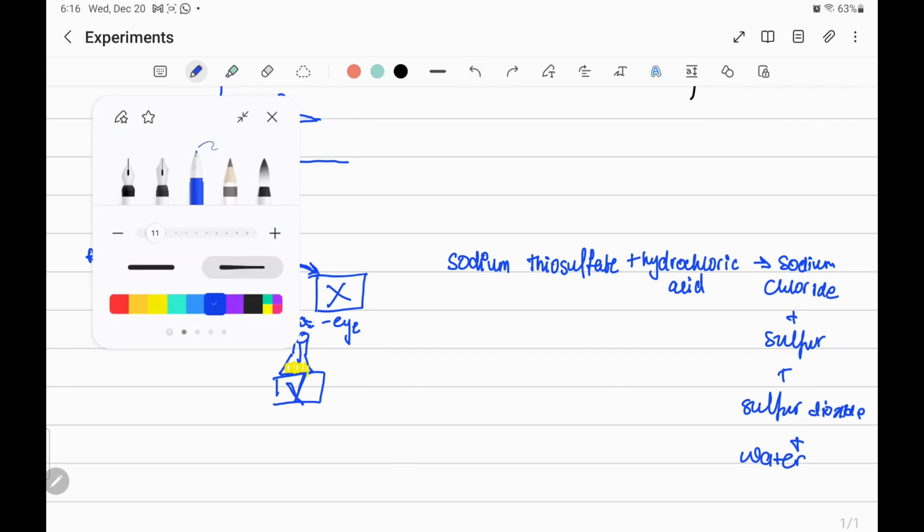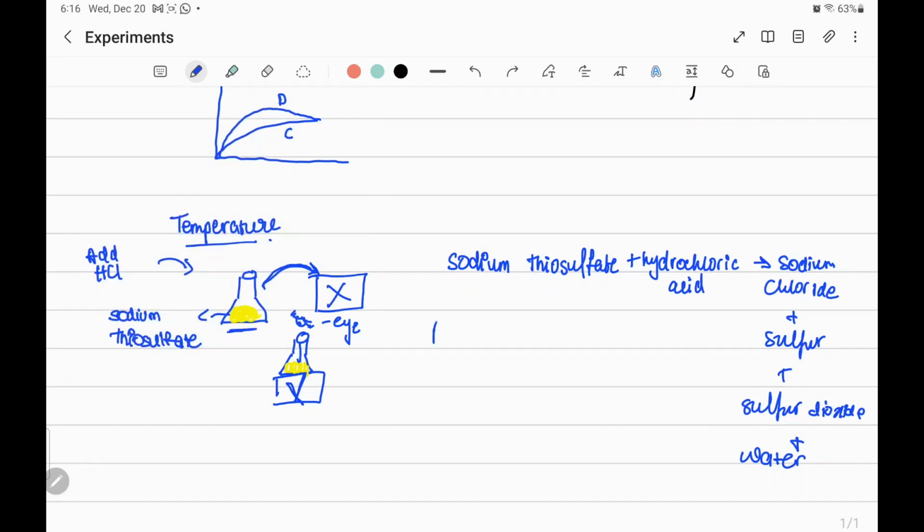And how you are measuring the rate of reaction is the amount of time taken for the cross to disappear. And by disappear, what they mean is that you will no longer be able to view this cross because of how cloudy the precipitate has gotten.